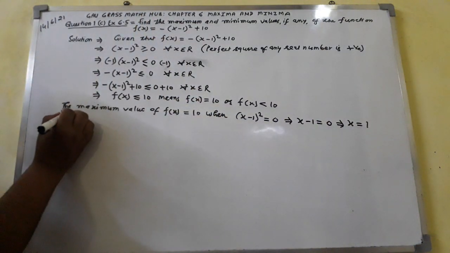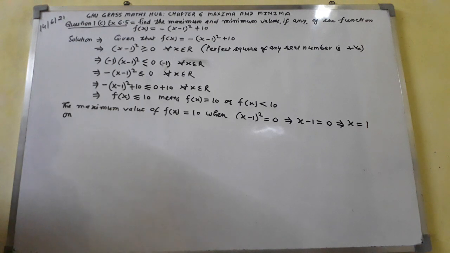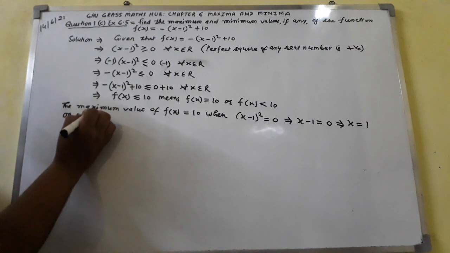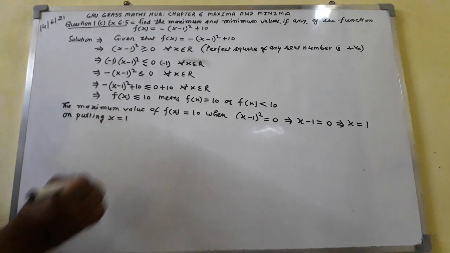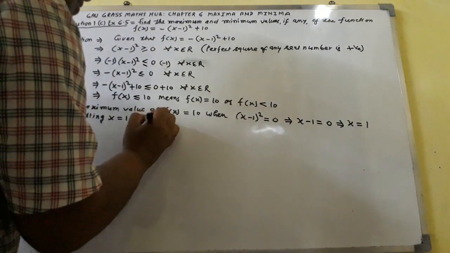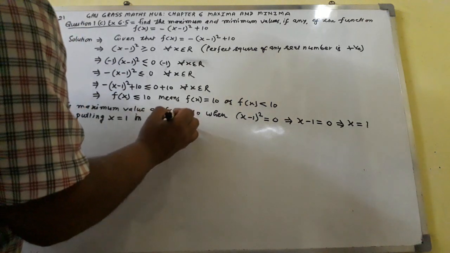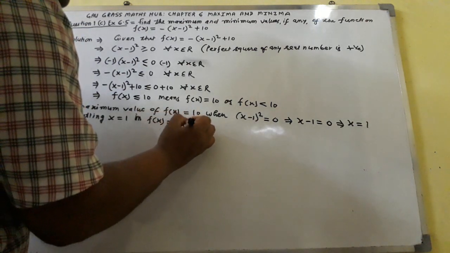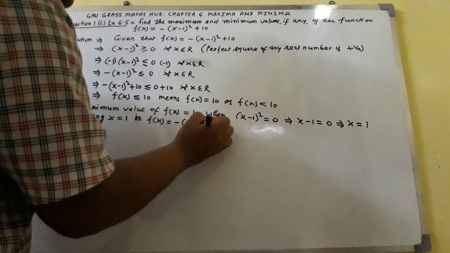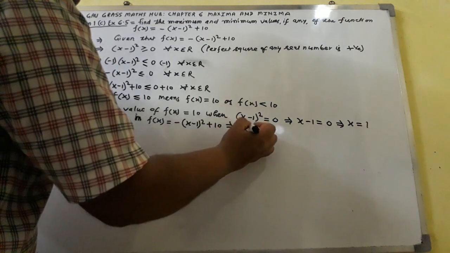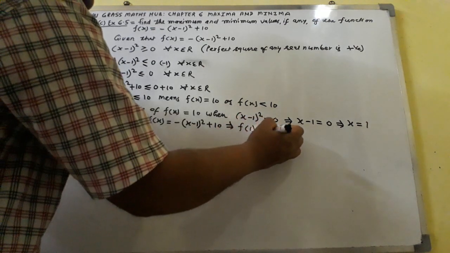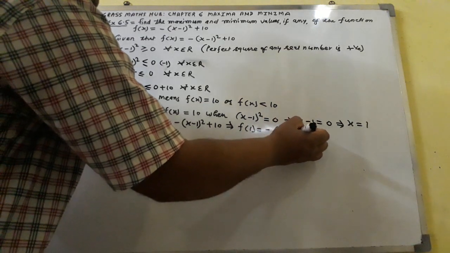Here again I shall write, on putting x equal to 1 in f of x equal to minus (x minus 1) whole square plus 10, you will get f of 1 equal to minus (1 minus 1) whole square plus 10.